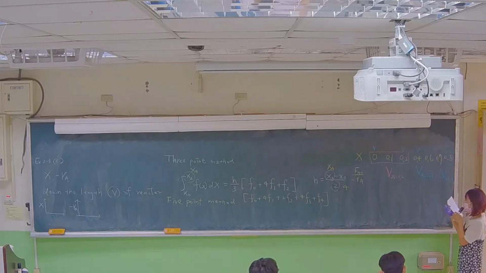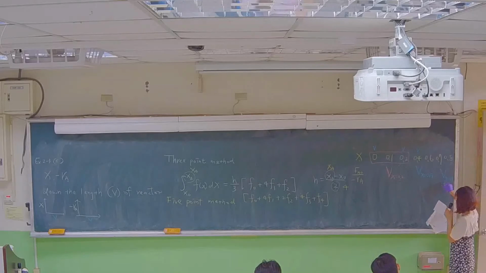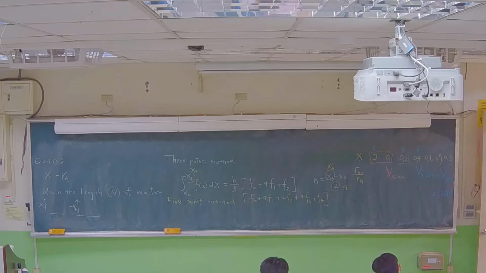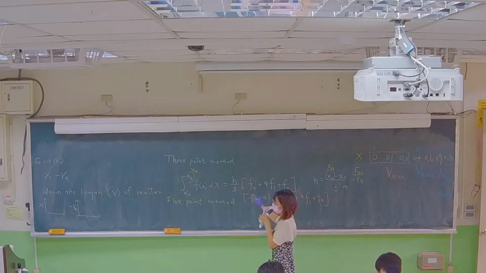We have calculated that in A, right, the question in A. We used the 5-point method to find the value. Okay, so let's find these two volumes, using the 3-point method.